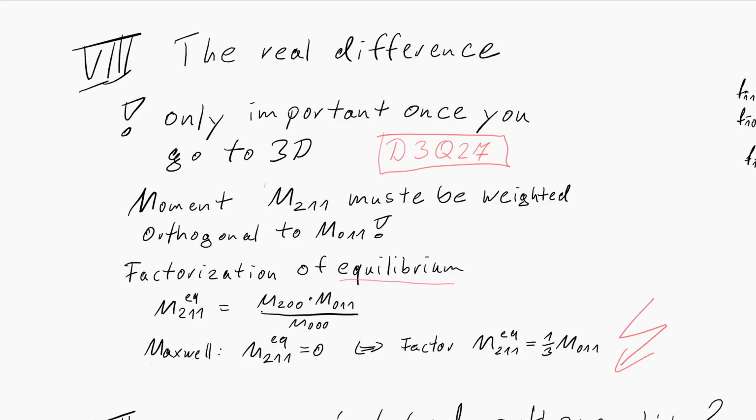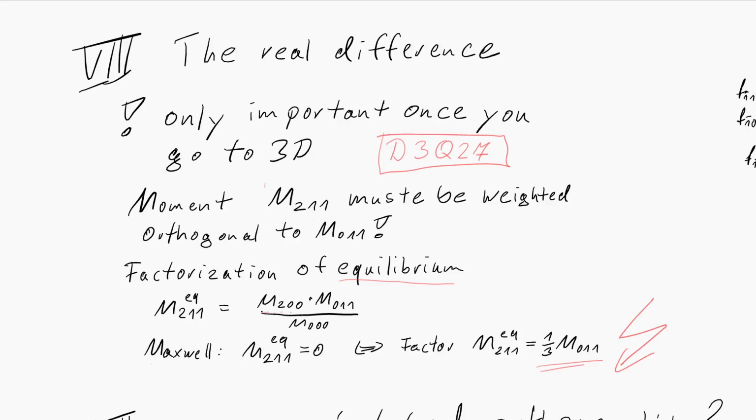However, according to the factorization, because the moment M200 would be 1/3 rho in equilibrium, we get a different equilibrium here, namely that M211 would be 1/3 M011.